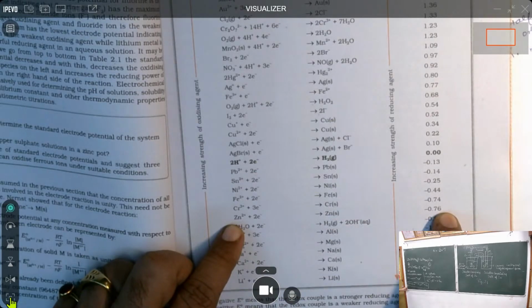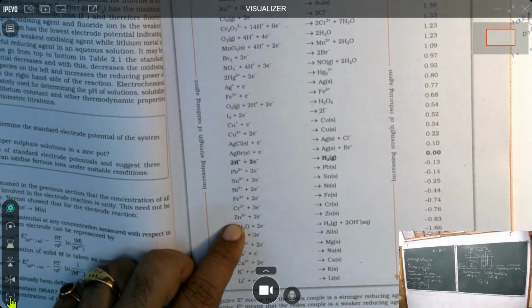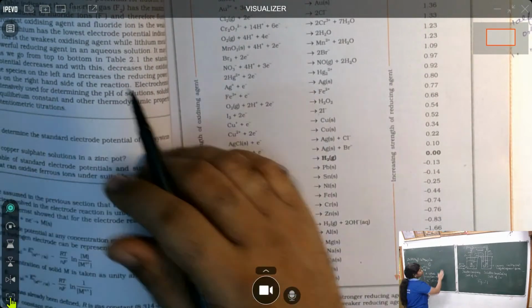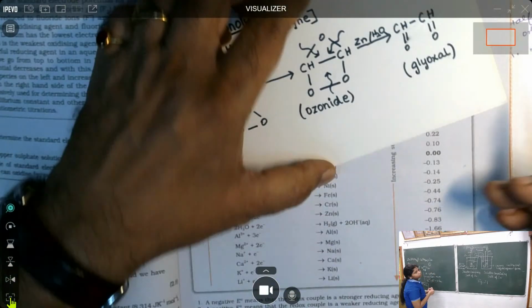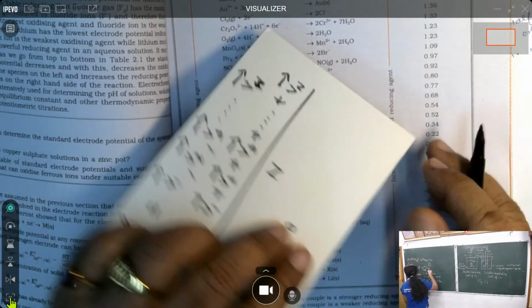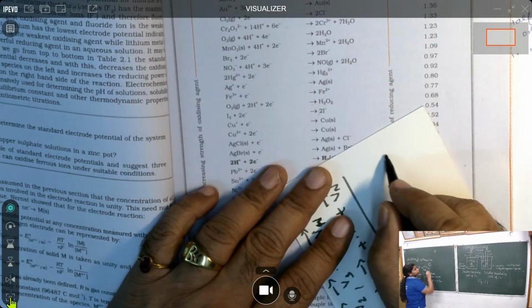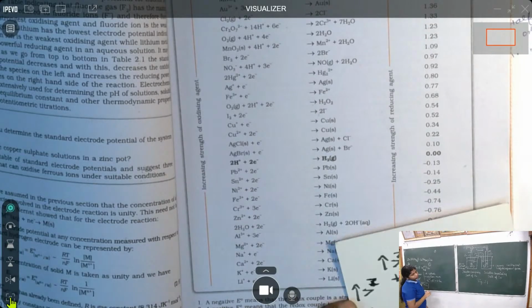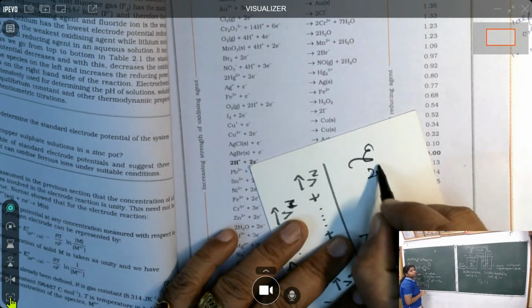Write down the reduction potential near the reduction. You can write here E, put E. We used to write like this, is it not? This is the reduction, that is E of Zn2 plus bar Zn.